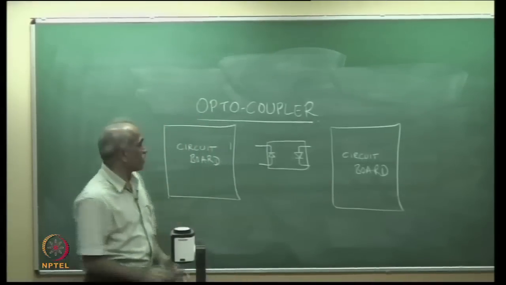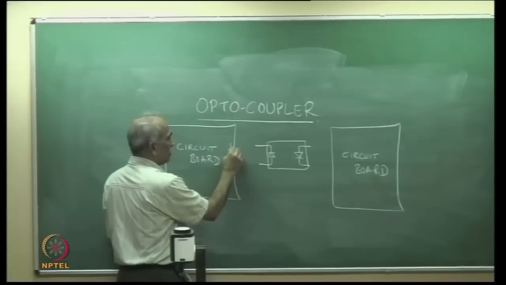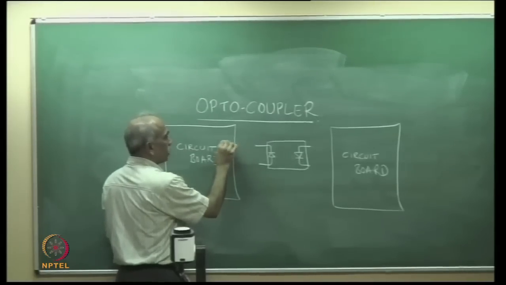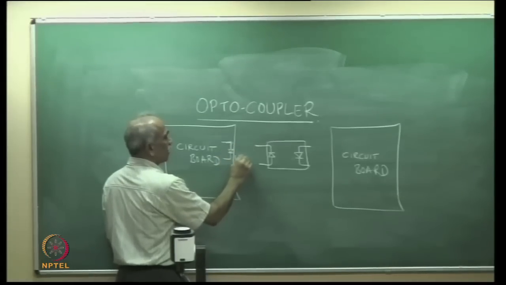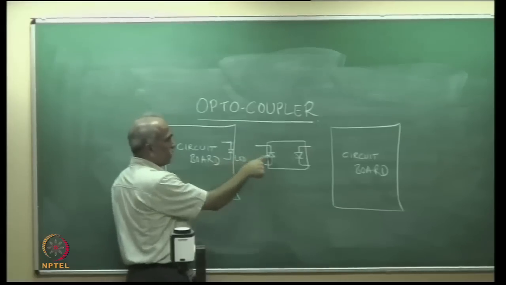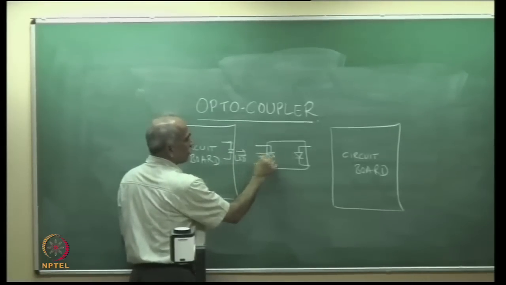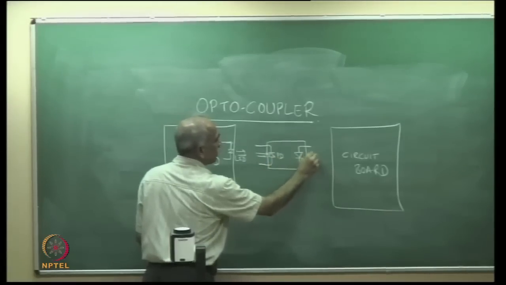One of the easiest ways was that whatever the final output was coming from here was fed to a light emitting diode. In those initial days, only light emitting diodes were used. This LED light which comes out from here is incident on a photodetector. So this is a photodetector and this is an LED.